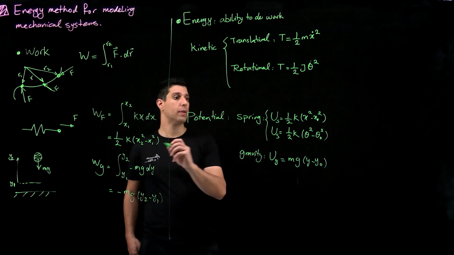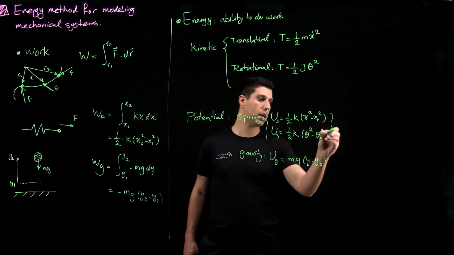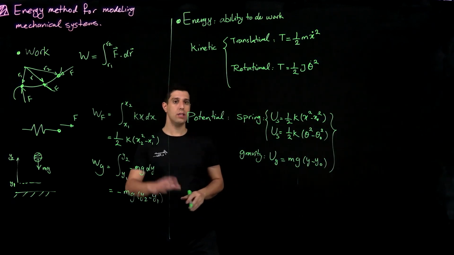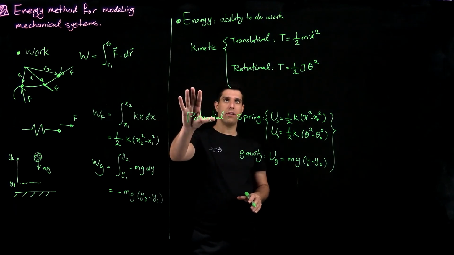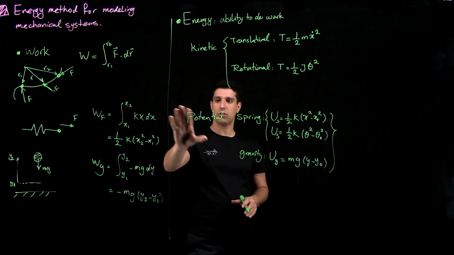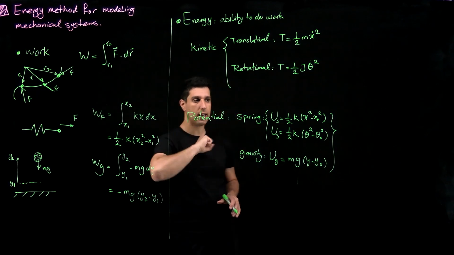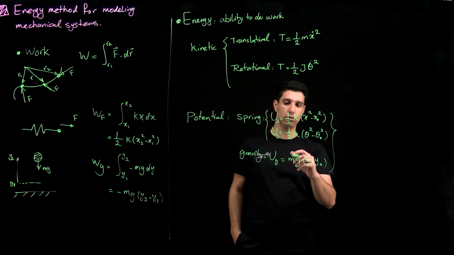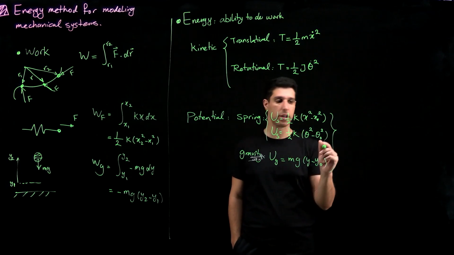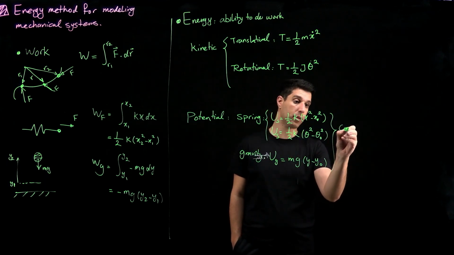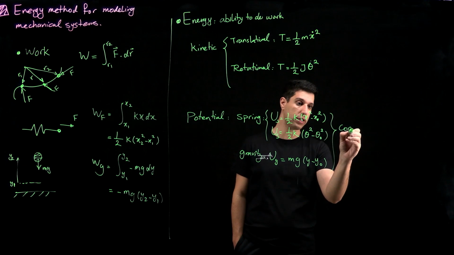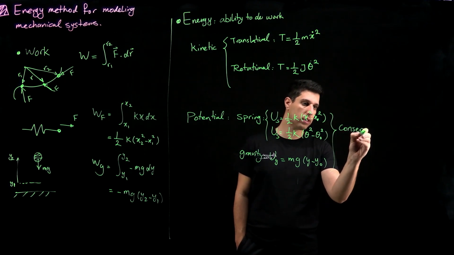So let's quickly look at these. If you recall from the dynamics course, any force that is conservative has a potential energy. These are the two examples of potential energy, conservative forces that have potential energy.